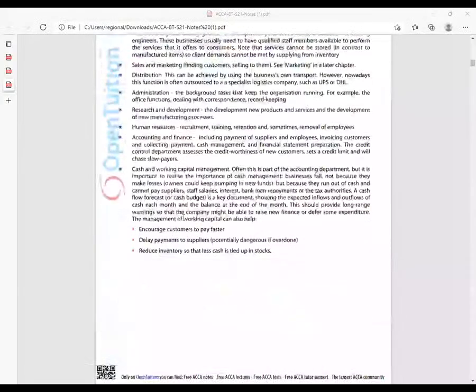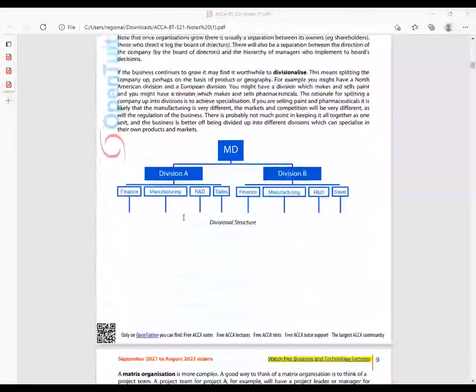When you look at the next one, ladies and gentlemen, this one here is a divisional structure. For a divisional structure, you can see we have got two divisions. We have segmented our company into two divisions. We have division A, and then we have division what here, somebody?